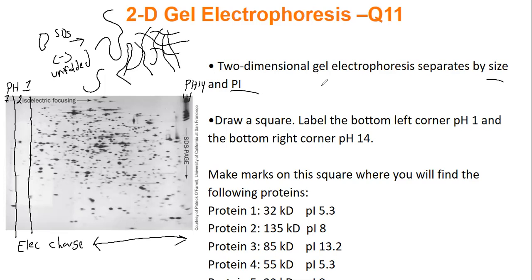So what happens if I have a protein and I put it in a solution where the pH of that solution is the same as the pI of the protein? What is the charge of that protein? It becomes neutral, correct.